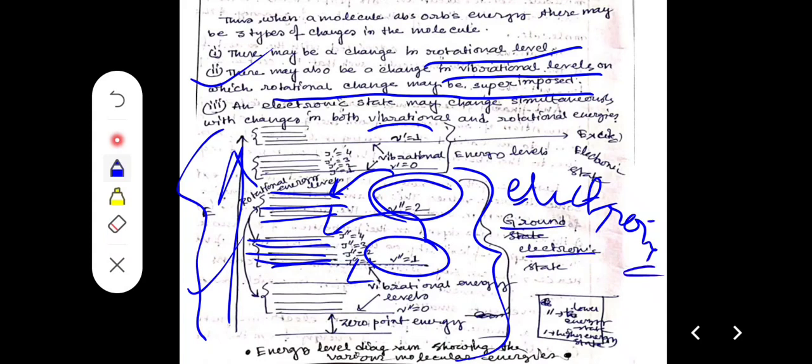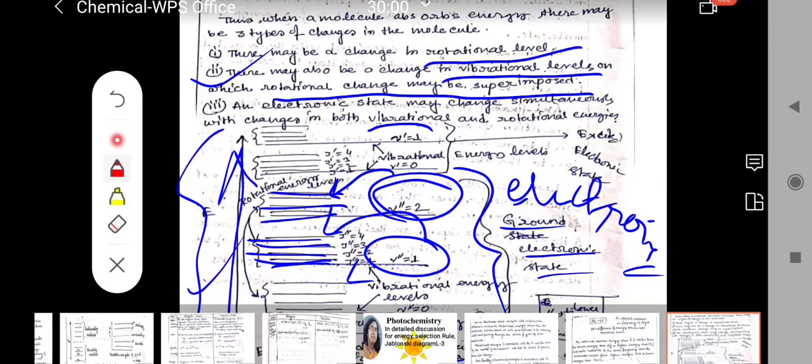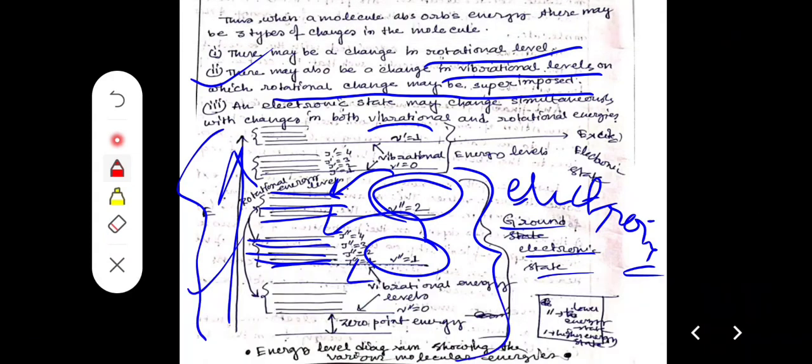This is called the ground electronic state. So you can see the ground electronic state consists of vibration energy levels. A vibration energy level consists of so many rotational energy levels. The electronic state consists of vibration energy levels, and a vibration energy level, that is V'' equal to 1, consists of so many rotational energies.